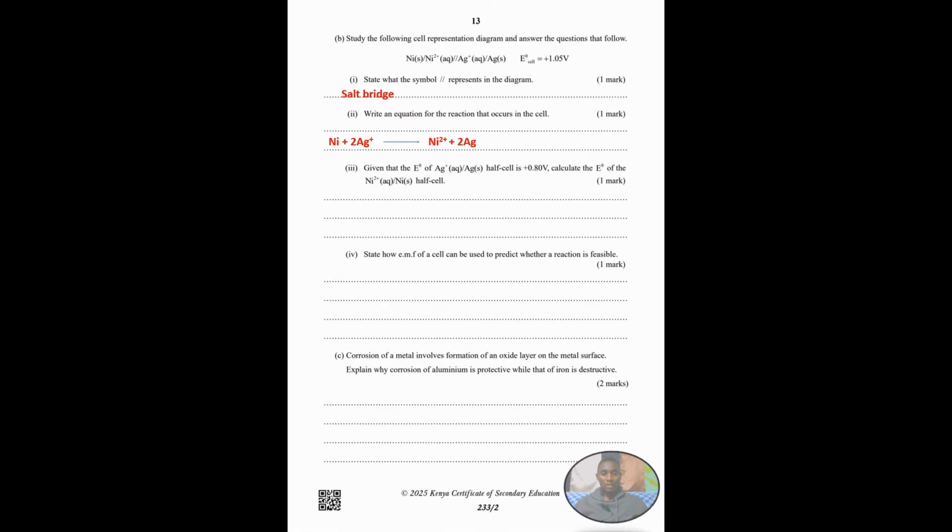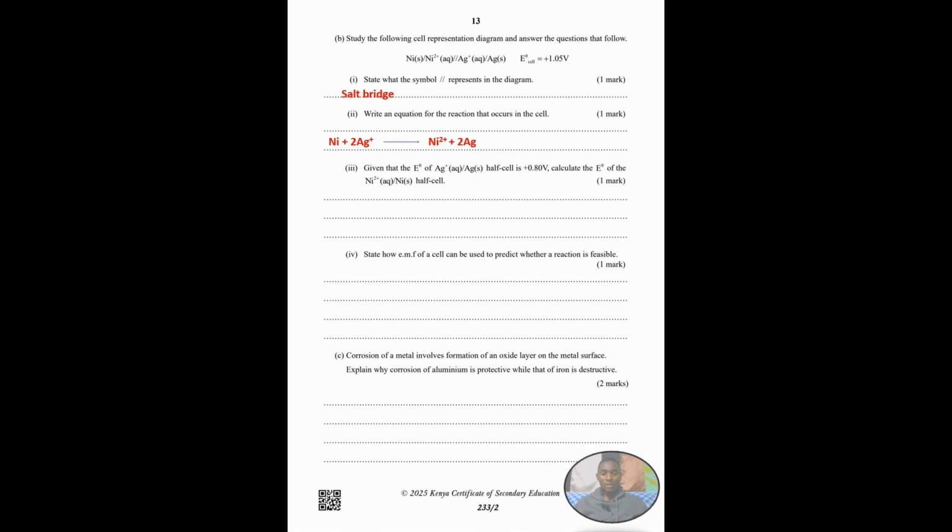So this shows that nickel has been oxidized. You can see from nickel, the oxidation number is 0 at this point, and it moves to positive 2. From silver, it is positive 1, it moves to 0. So there is a redox reaction taking place here.